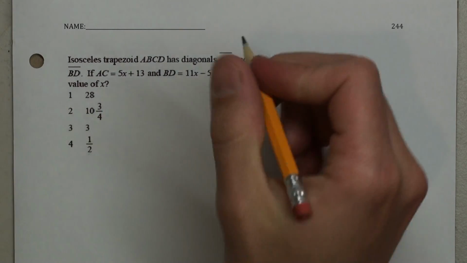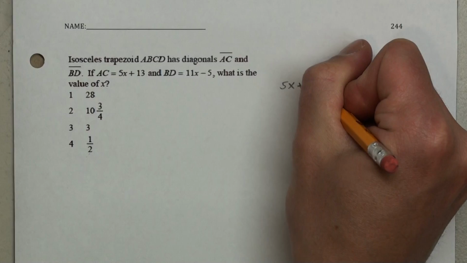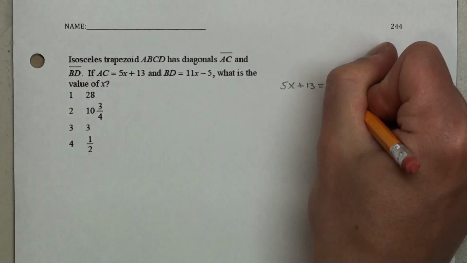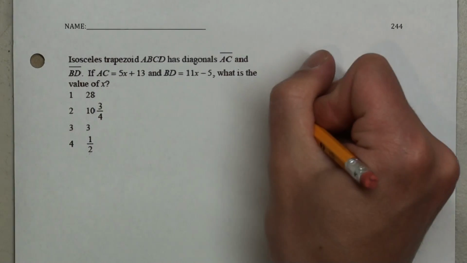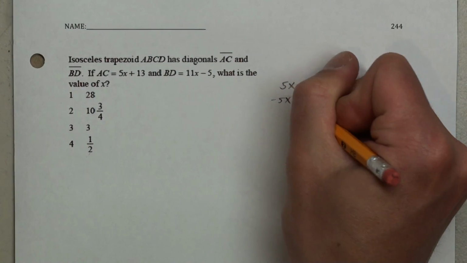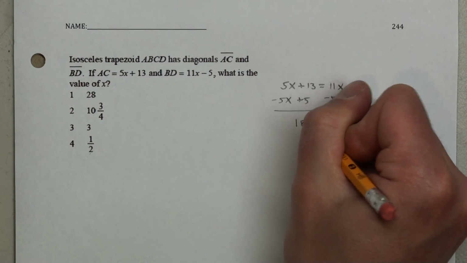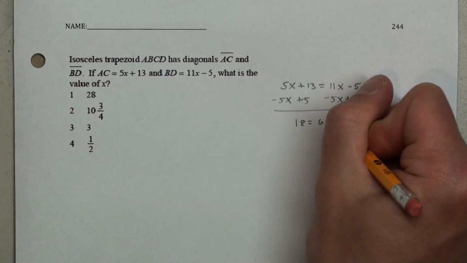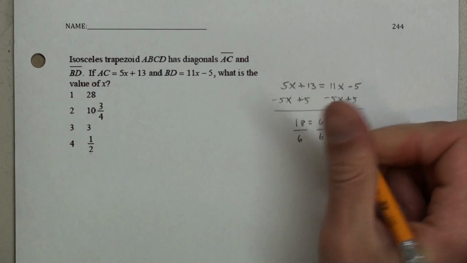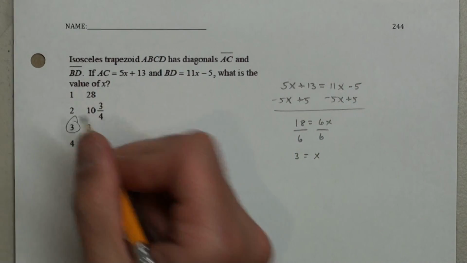We know that the diagonals are equal in an isosceles trapezoid, so 5x plus 13 equals 11x minus 5. Let's subtract 5x from both sides and add 5 at the same time. And we get 18 is 6x. Divide by 6. x is 3. And that's what an x is for.